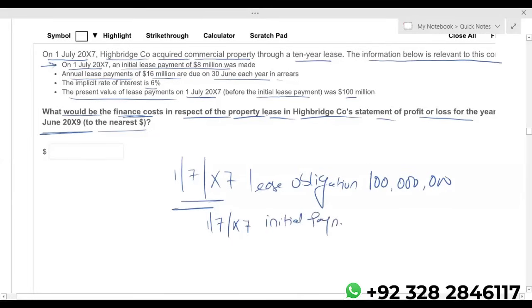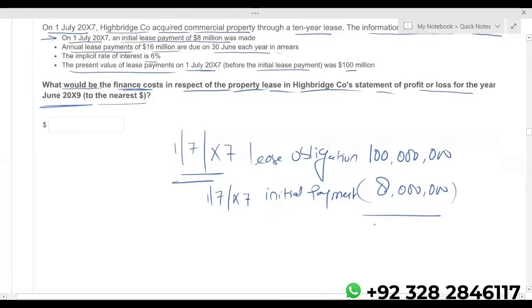Initial payment 8 million. Can I say we're left with 92 million on 1st July X7?